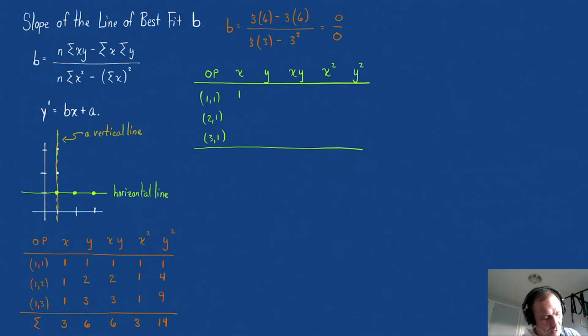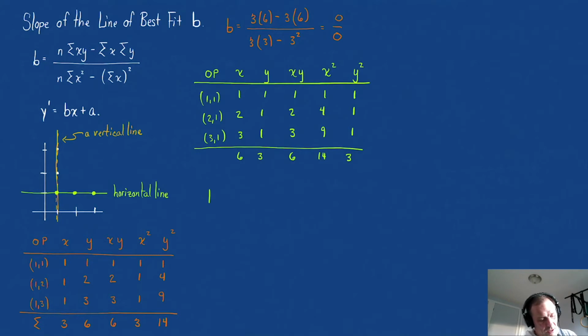For (1, 1): 1 times 1, 1 squared, and y squared, which is 1 squared, is 1. Then I have (2, 1) as my next ordered pair. It's going to be 2 times 1, 2 squared and 1 squared. Then we have (3, 1), and 3 times 1 is 3. 3 squared is 9. 1 squared is 1. The sums are 6, 3, 6, 14, 3.